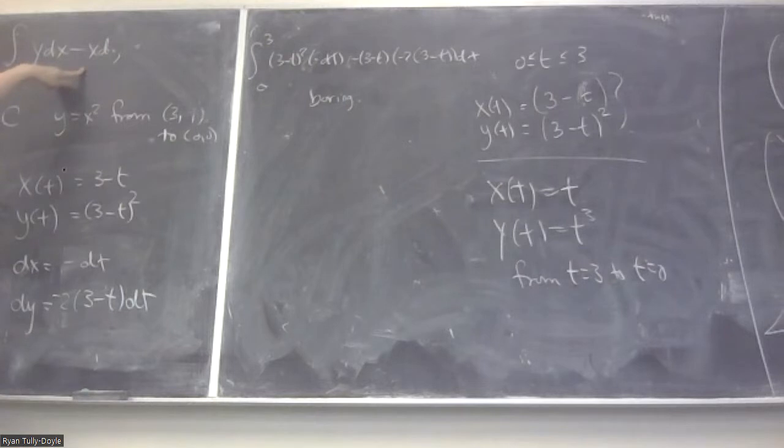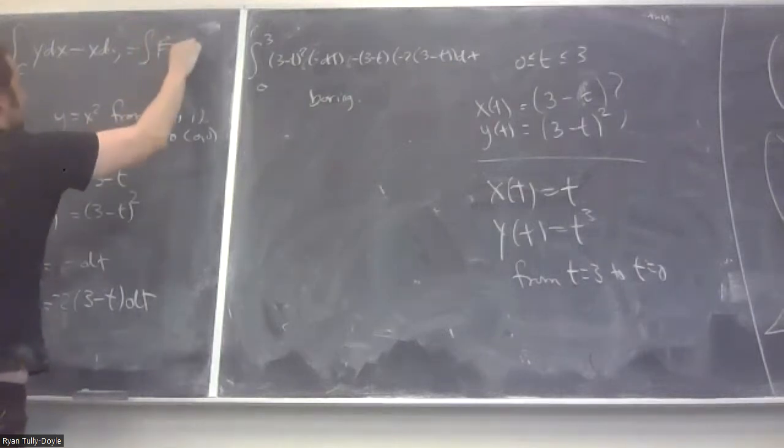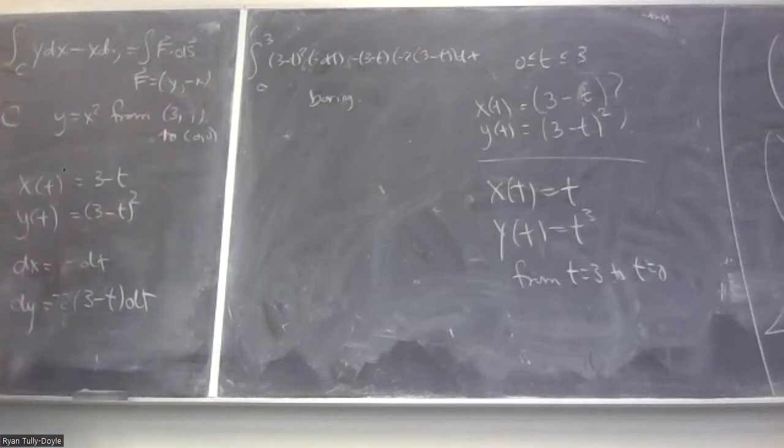This is a vector line integral. The other way you could think about this is to put it back into the form f dot ds, where f is equal to y comma minus x, because that's the m and the n from the original. This is the alternate way of looking at it, f dot ds, where this is f.